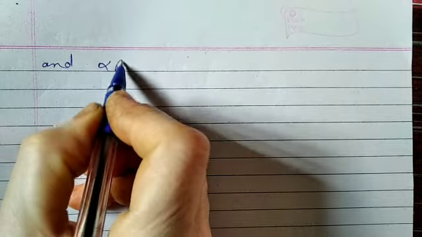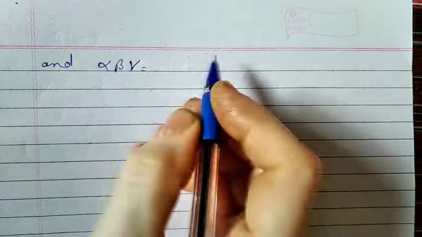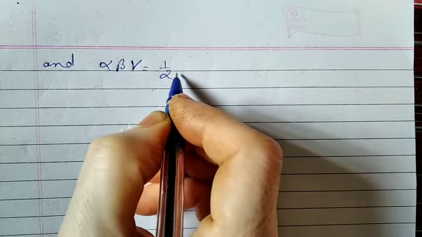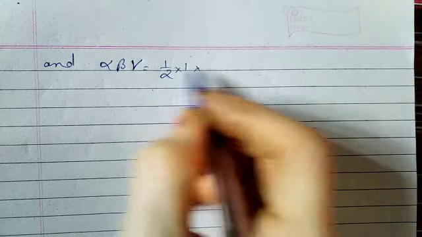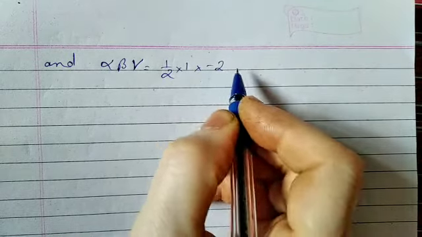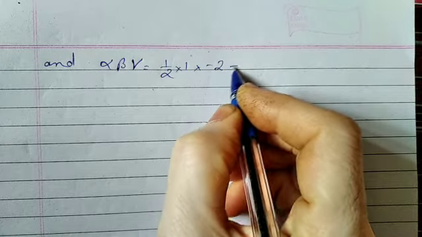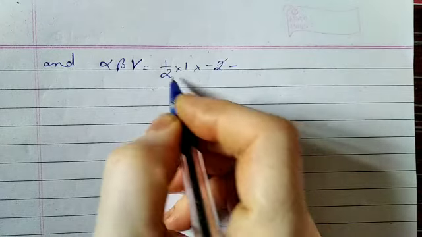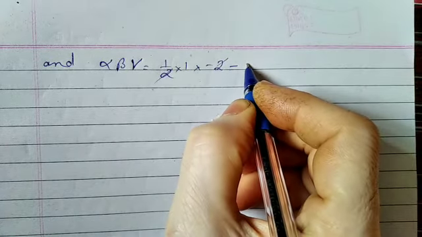Then alpha into beta into gamma: alpha is 1 by 2, beta is 1 and gamma is -2, as we have already found. Multiplying, the 2 cancels and only -1 is left.